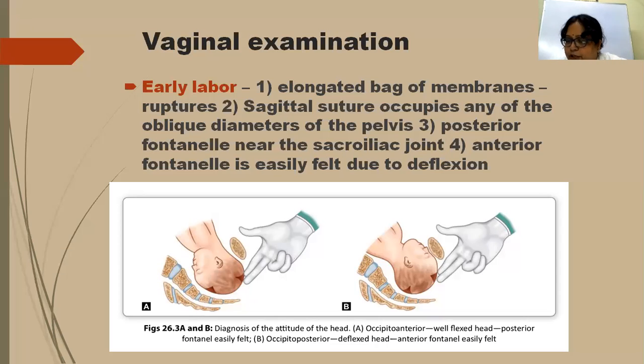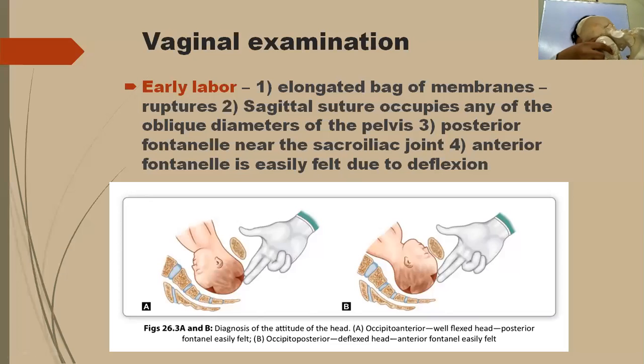Because the head usually engages in the oblique pelvic diameters, you will feel the sagittal suture in either this oblique diameter or this oblique diameter, depending on right or left occipito-posterior positions. The posterior fontanelle is near the sacroiliac joint. This is the symphysis pubis, so this is the anterior and this is the posterior fontanelle.